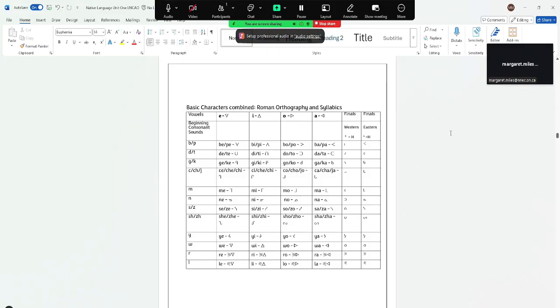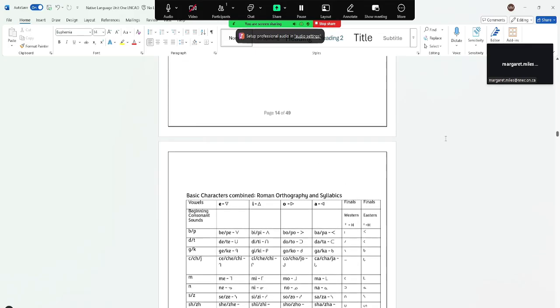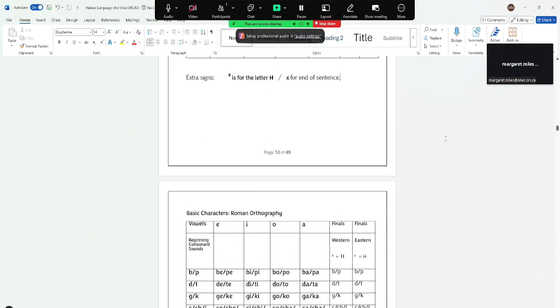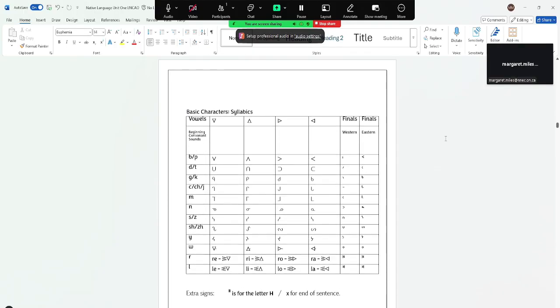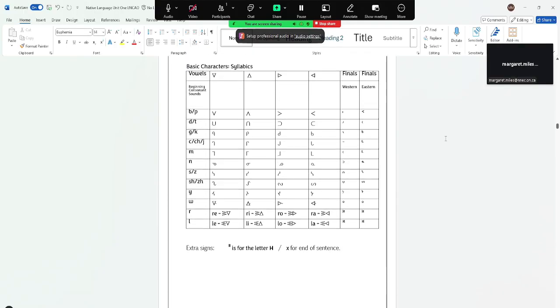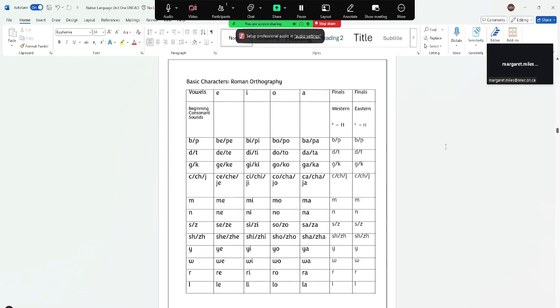So these charts will help you write in the native writing system. They will help you write in the native language.